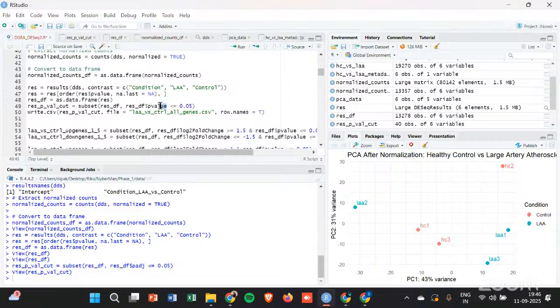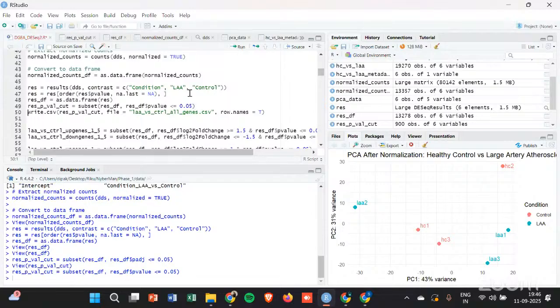By no means is this wrong or right. It is only unethical to use p-value if you don't report it. Please report it if you are using p-value. Otherwise, always use p-adjusted. So I will rerun this line so that it actually uses only the p-value.